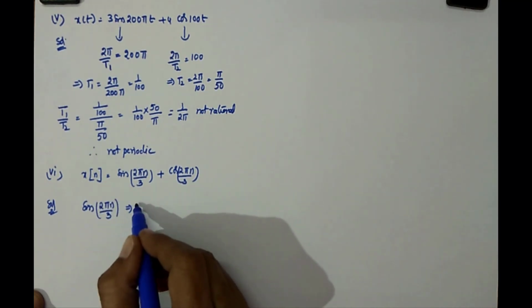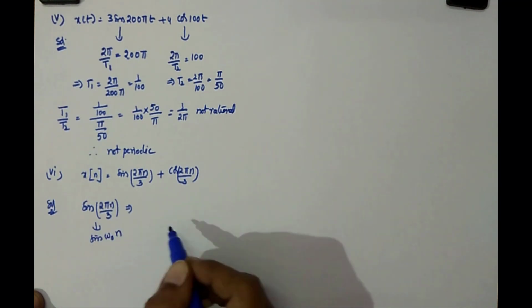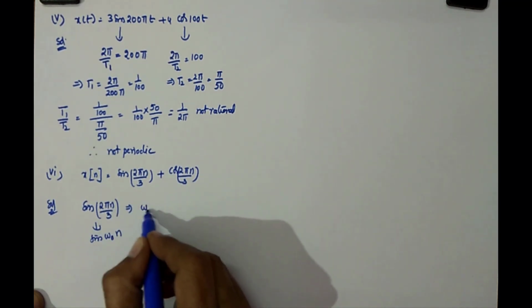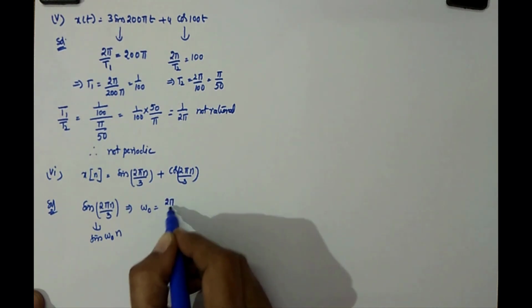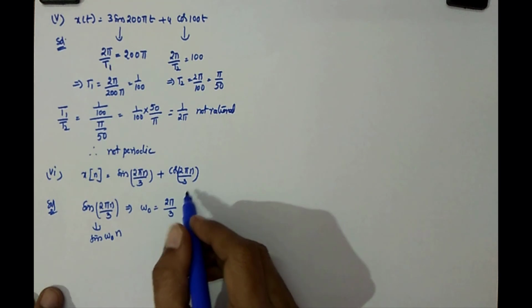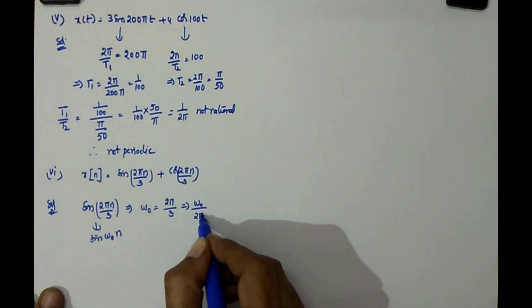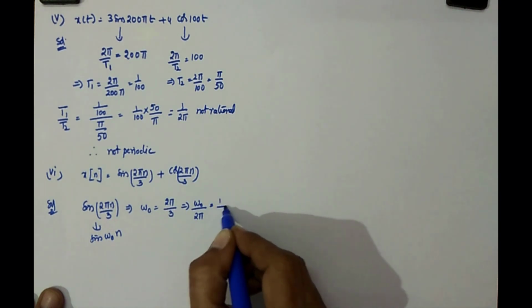Now compare it with sine omega naught n. Then omega naught becomes 2 pi by 3. So what is omega naught by 2 pi? It is 1 by 3.